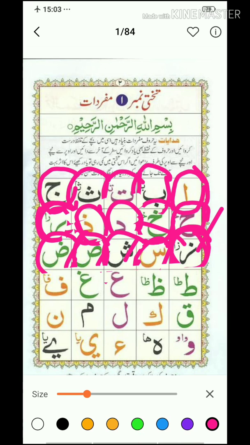The shape you are seeing here is twa. Whenever you see a dot with twa, again it makes a z sound, and it sounds like zwa. The first one was twa, the second one was zwa.